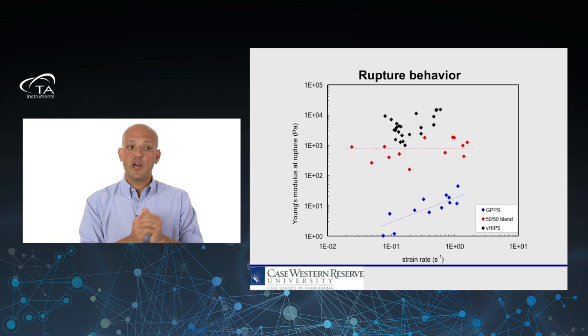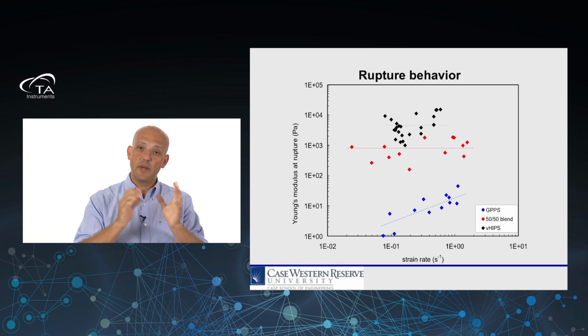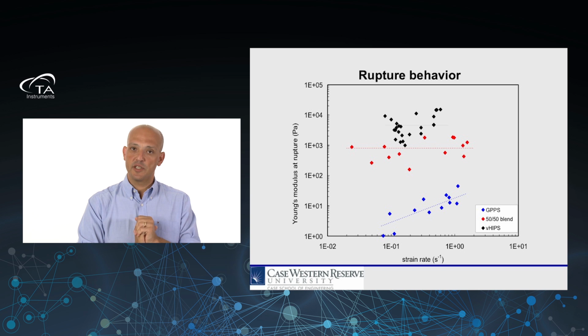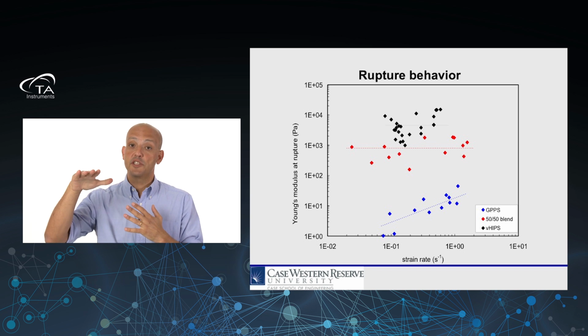But I would argue that the black diamonds are all basically more or less on the same Young's modulus region, something around 5 to 10,000 Pascal. And because of the rubber phase, essentially the modulus is constant.